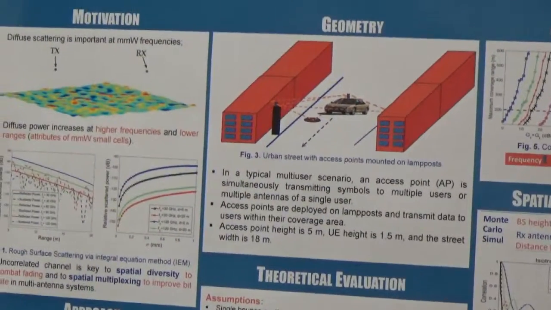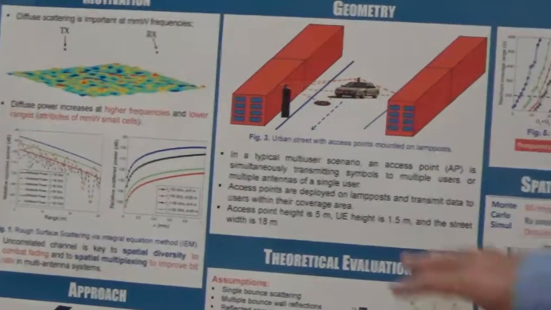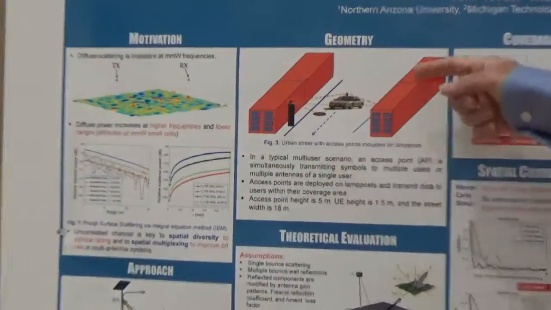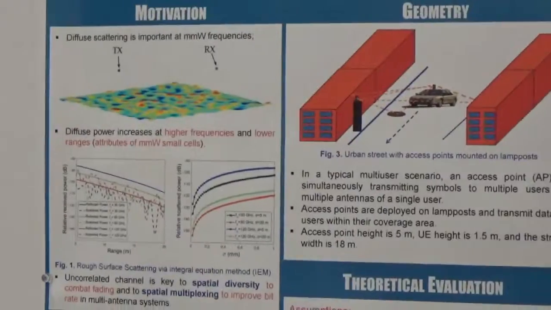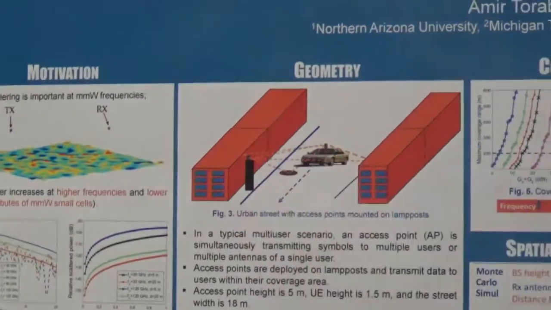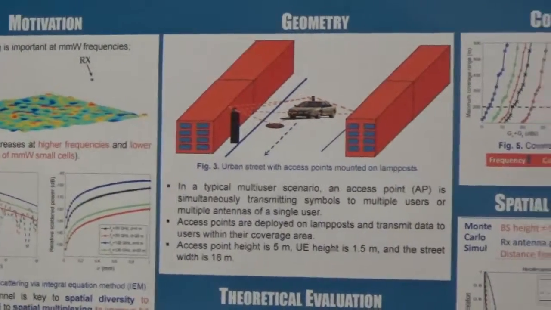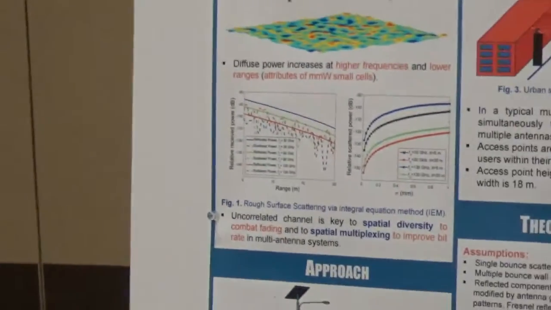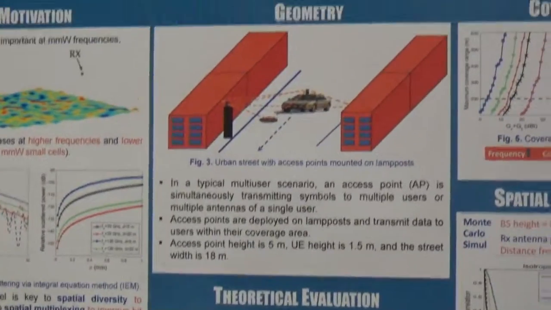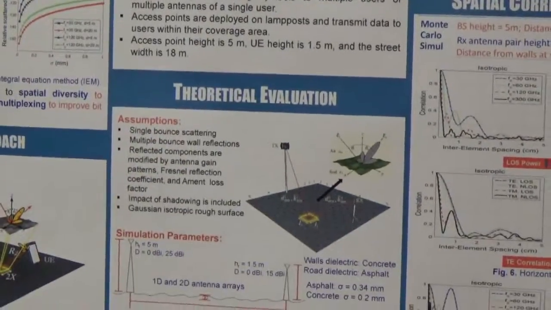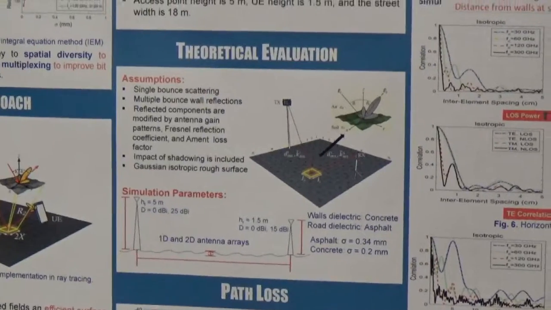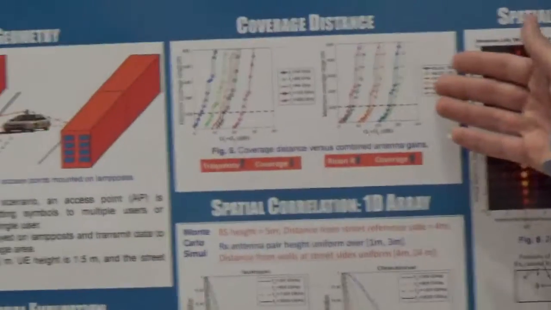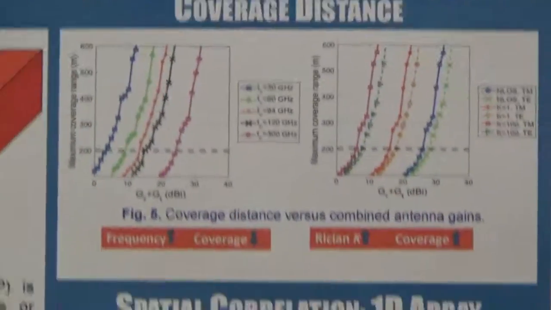And here is the geometry we have considered, which is an urban canyon. We have asphalt for the road and cement, basically concrete, for the buildings. We have considered both isotropic and directional antennas at the transmitter and receiver side, and calculated the path loss, the coherence, the coverage distance, and the spatial correlation for 1D and 2D antenna arrays.